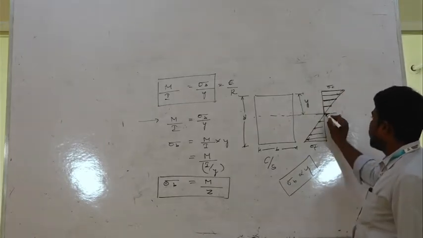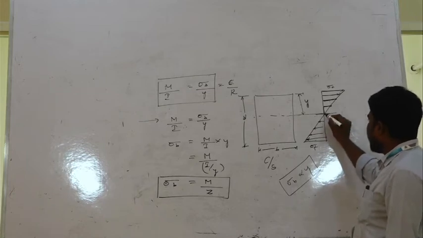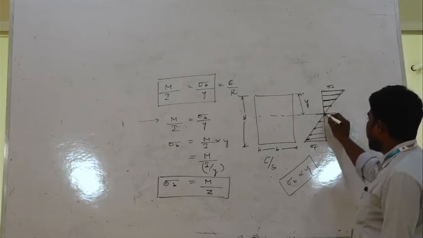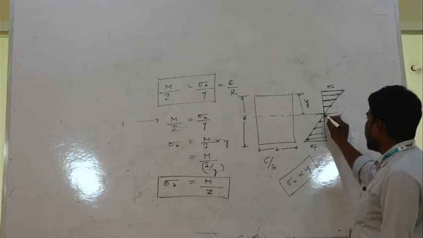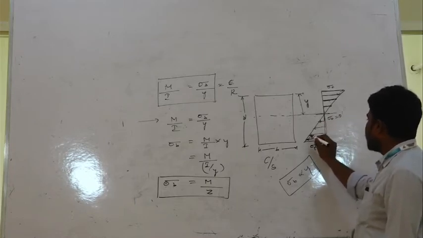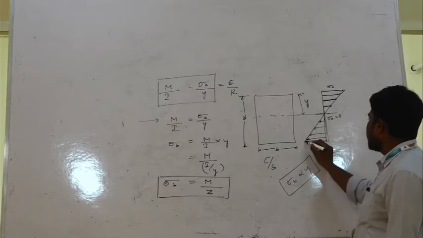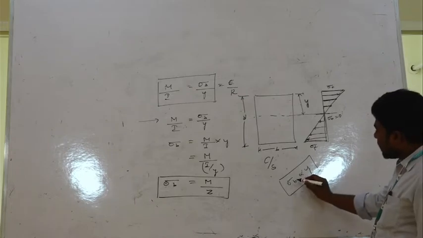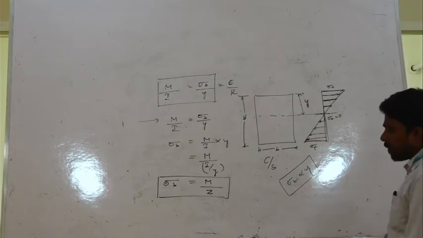As usual, from the neutral axis below, we already learned about the neutral axis above. From here, below the neutral axis, as extreme distance increases, bending stress also increases. That means sigma b is directly proportional to y.